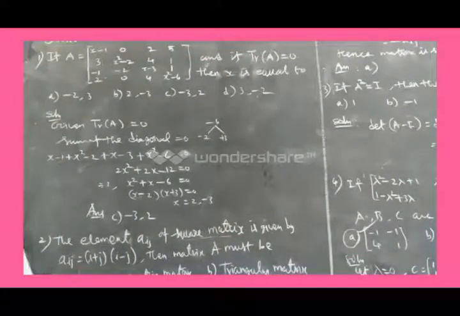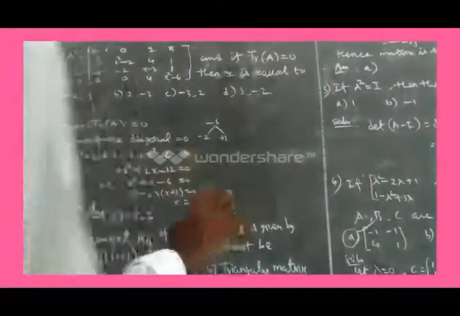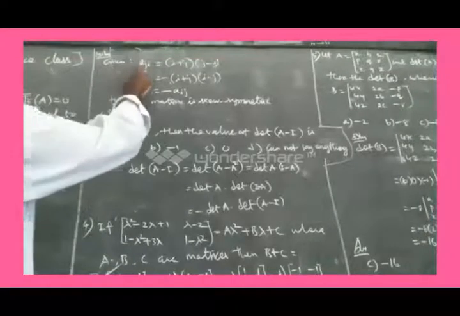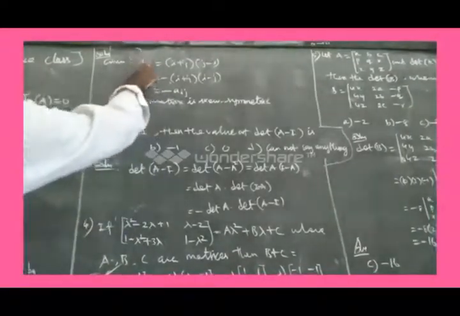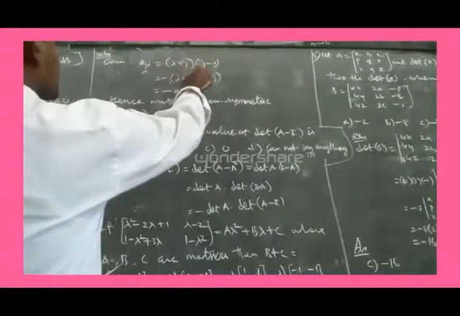So, options A, B, C, D. Solution: given Aij equal to (i plus j) into (i minus j).